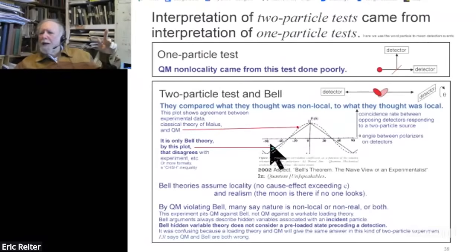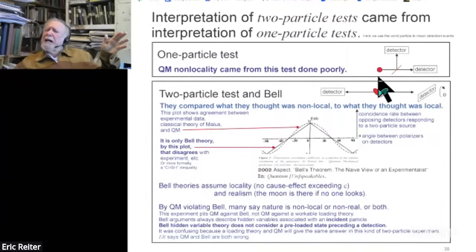And so when these people plot out what would be the reaction where you change the angle as a function of coincidences, this is a graph of angle versus the rate of coincidences. This picture was taken from the authors of the experiment, and they compare Bell's theorem, which is a straight line, to the curve.